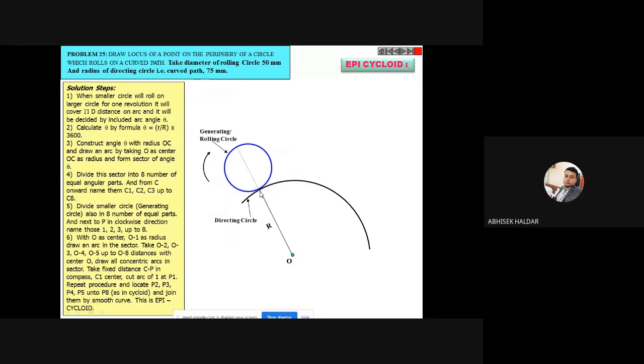Whenever I extend 7.5 plus 2.5, that works, or in other words, if you extend from this intersection point and take 2.5 by your scale, then also you will get the center point of this circle. Why am I taking 2.5? Because the radius of the rolling circle is 2.5 centimeter or 25 millimeter. Where will I draw this line?